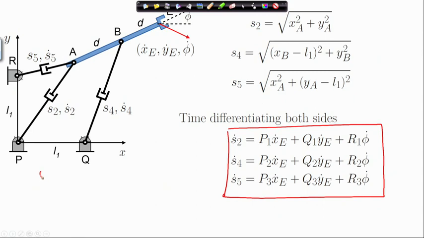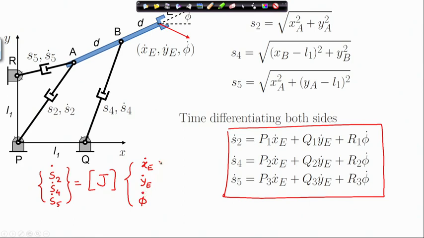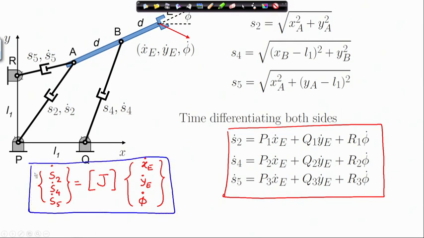Which means I have S 2 dot, S 4 dot, S 5 dot equal to a Jacobian matrix times x e dot, y e dot and phi dot. And that is the velocity relation that we are seeking. The Jacobian can be easily read out from these detailed relations.